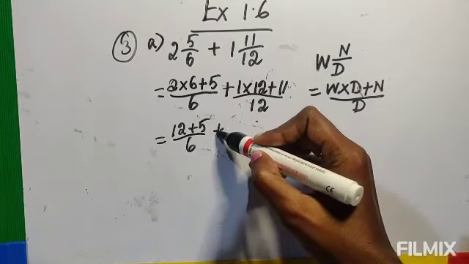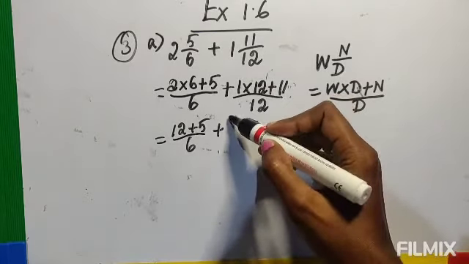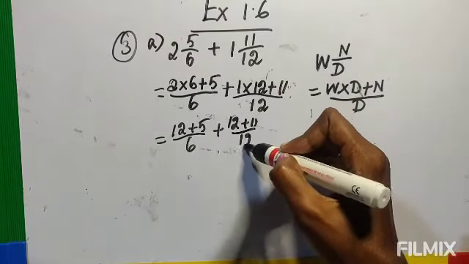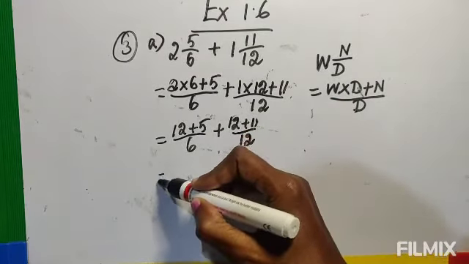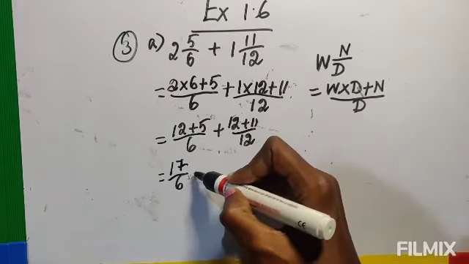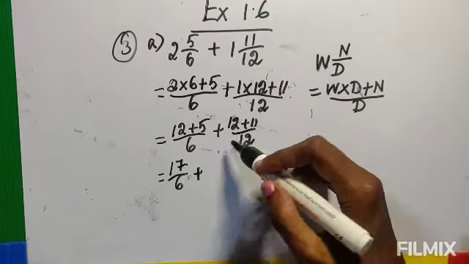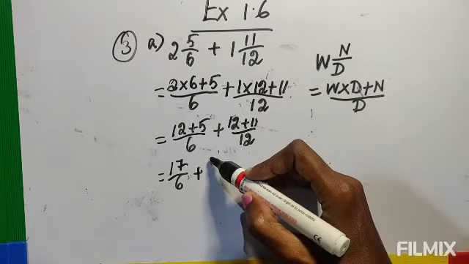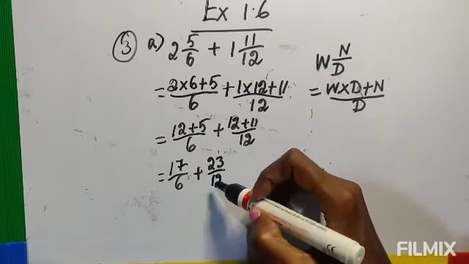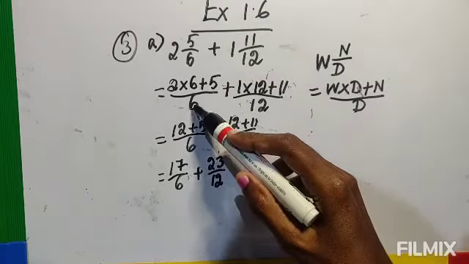Again here, 12 ones are 12, 12 plus 11 by 12. Here 12 plus 5 is 17, so 17 by 6, plus 12 plus 11 is 23, so 23 by 12.